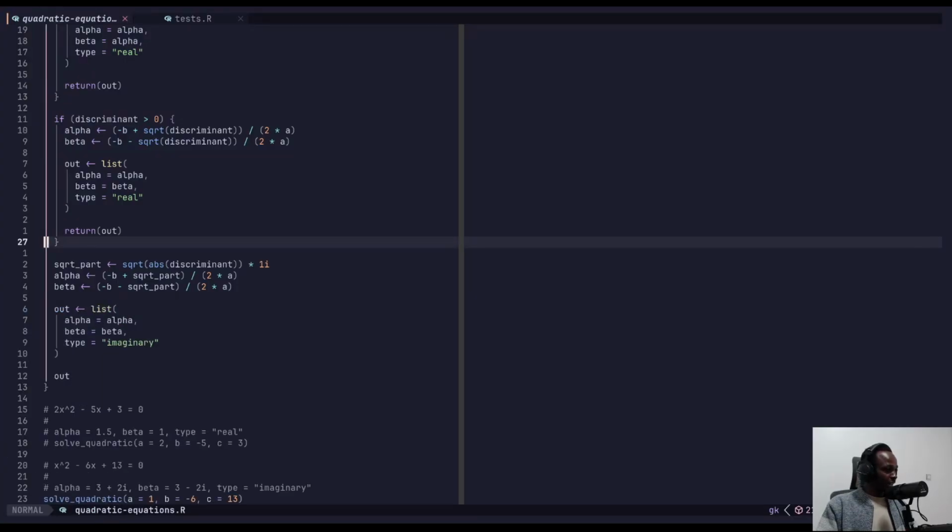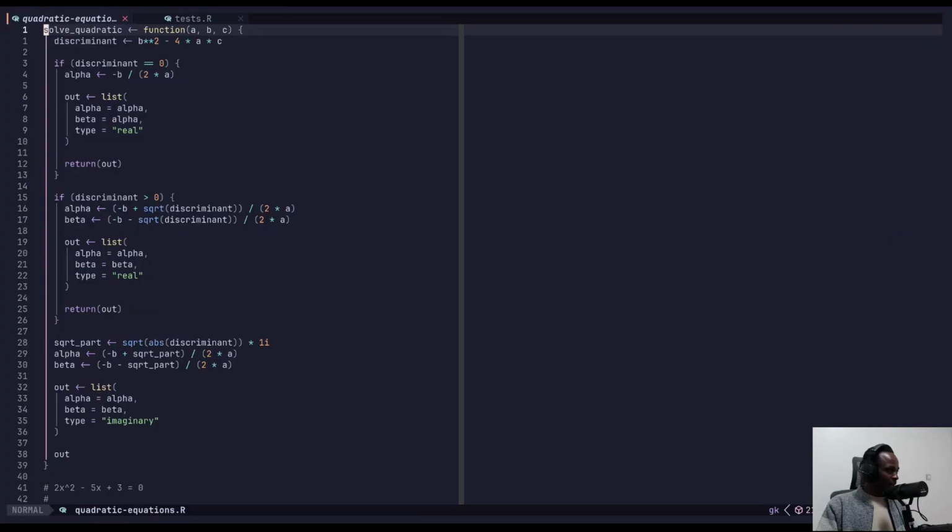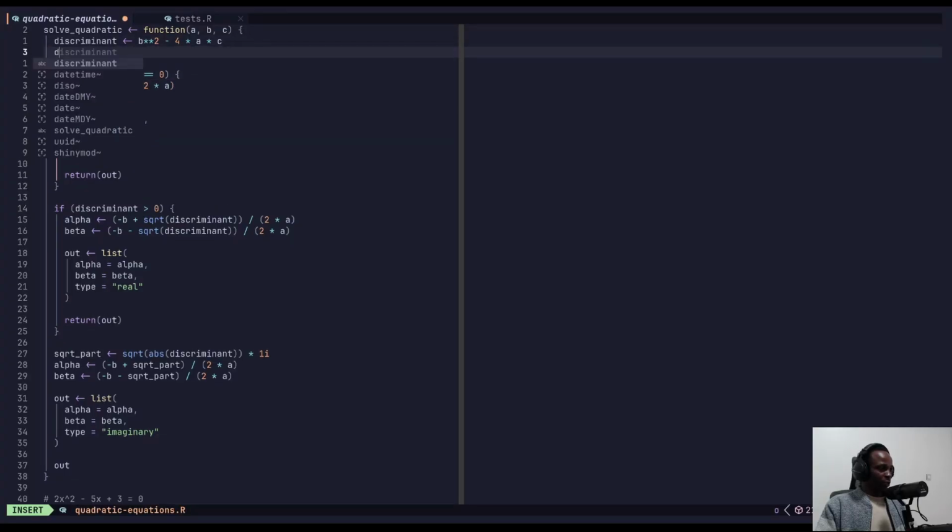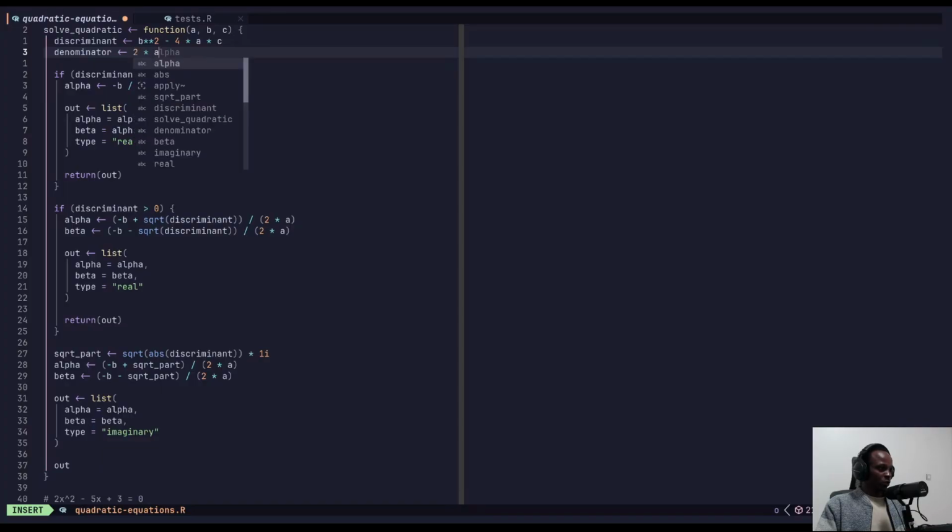Okay, so now it's too long for no good reason. The first thing I have noticed is that we keep on repeating this denominator. We have 2 times a, we have 2 times a again. We have it like, I don't know, 5 times. So that means we need to say denominator will be 2 times a.